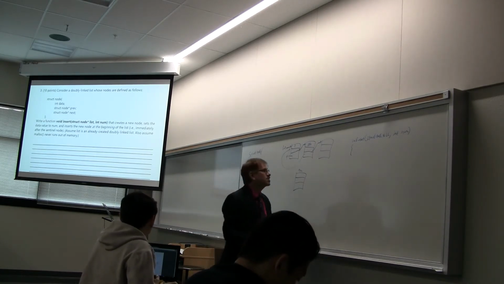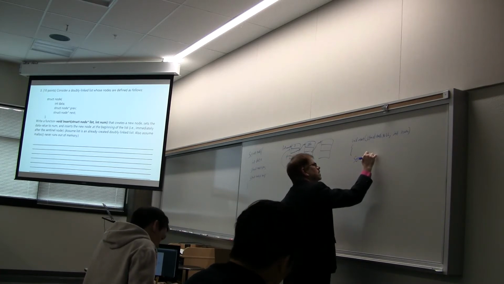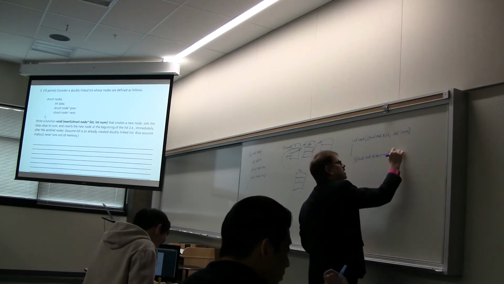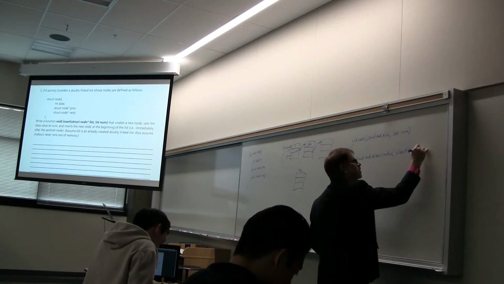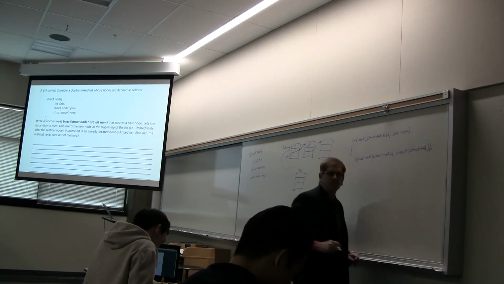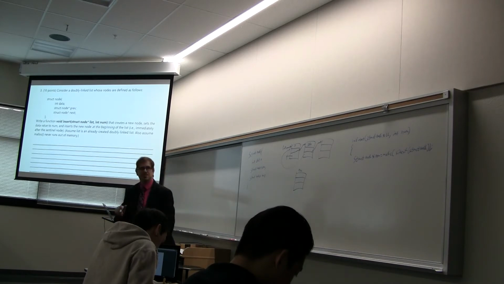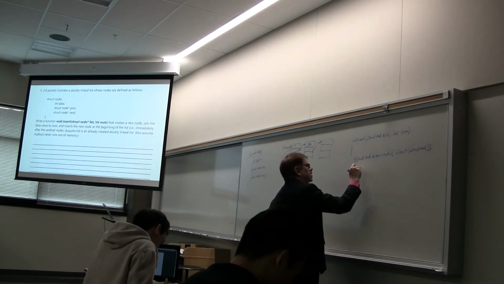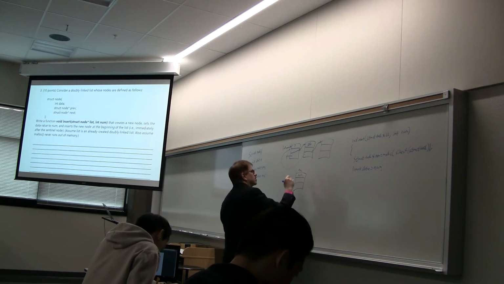All right, so I'm going to say struct node star new equals malloc, sizeof struct node. That makes our new node that we're going to squeeze into the list. Set the data equal to num. So that's set up.